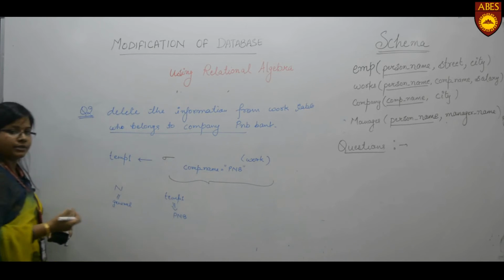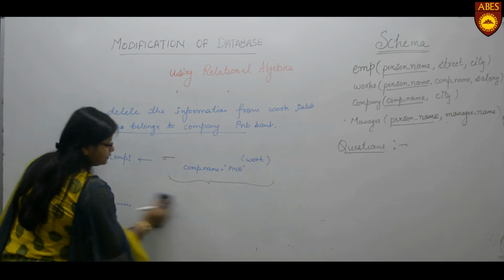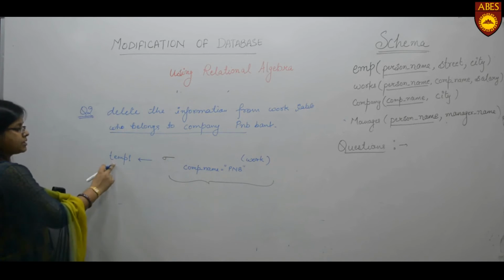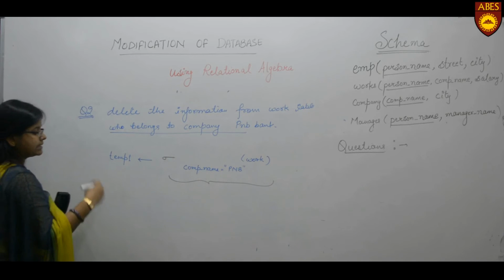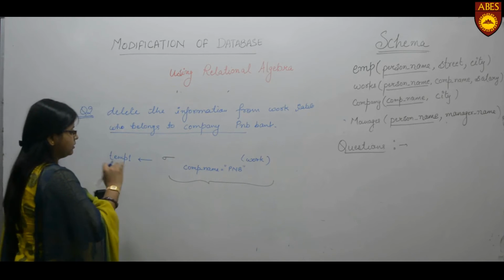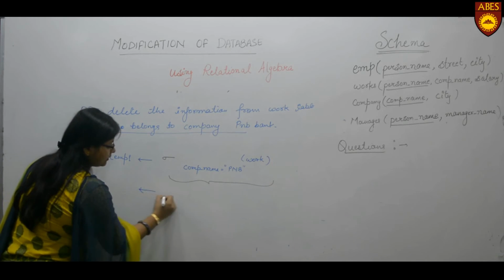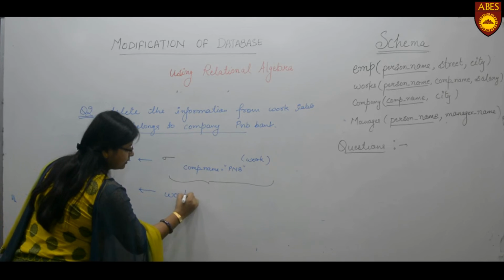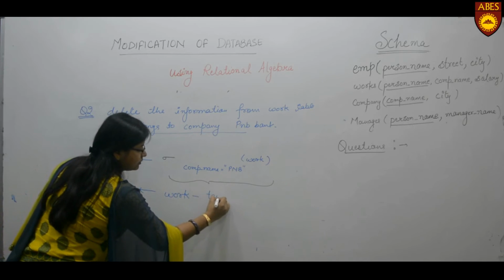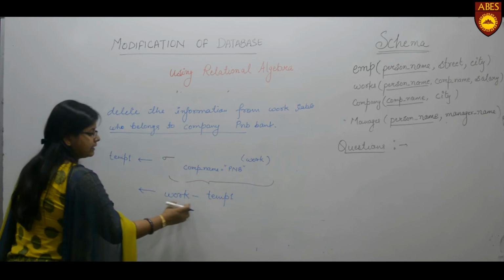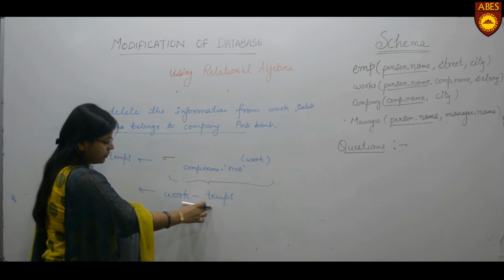So we'll be using the minus operator. I know this information is stored in temp1, so I can simply apply the minus operator on the relation work: work minus temp1. It is just like a set operation, the set difference operator.